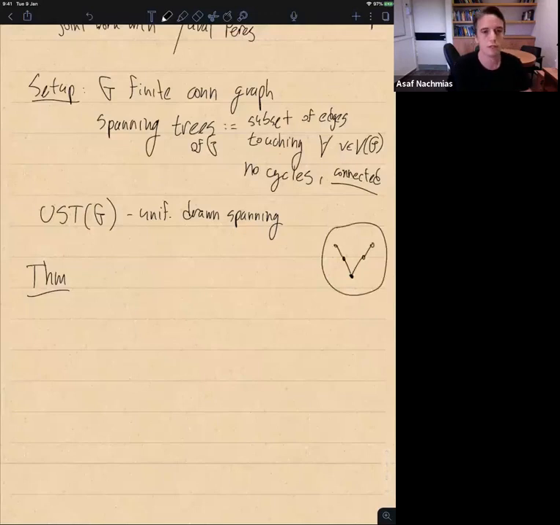What is the frequency? How many of these objects do I see in the uniform spanning tree that I choose? I will first write the theorem. Perhaps not everything will be clear, and then I will explain what it is.